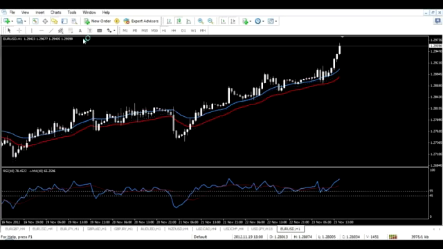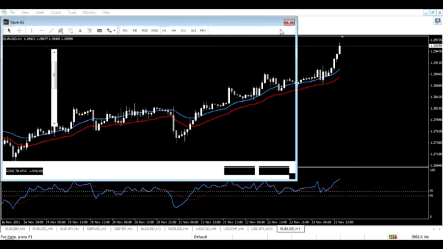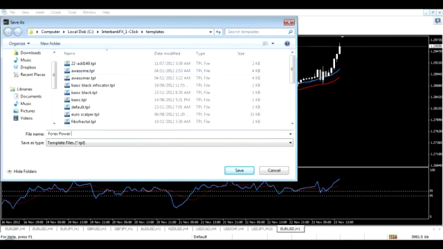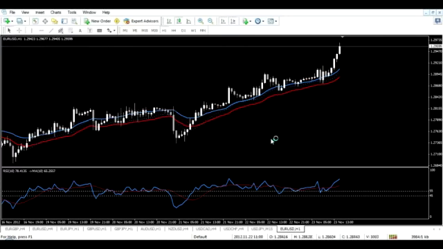So at this point, I am going to save this as my Forex Power Pro template so that I don't need to go through this whole process every single time. Templates, save template. I'm going to call it Forex Power Pro. Save.